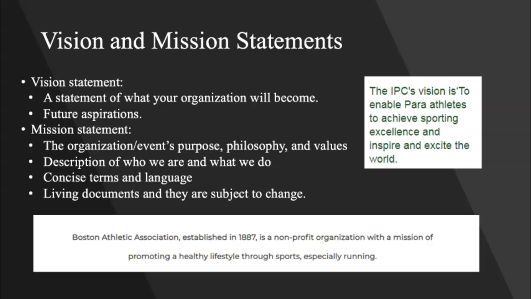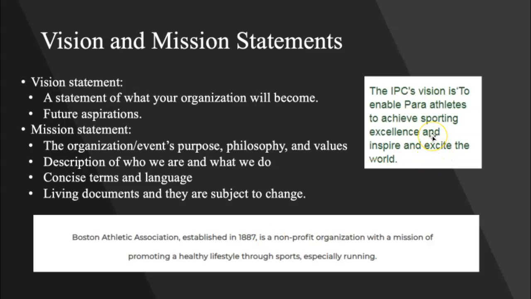Right, so in their mission statement, first of all, they describe who we are, what we do. So they talk about Boston Athletic Association, established in what year, is a non-profit organization, right? And what they do is try to achieve a mission, which is to promote a healthy lifestyle through running, the sport, right? So when you read these two statements, you understand what the Boston Athletic Association is doing on a daily basis.